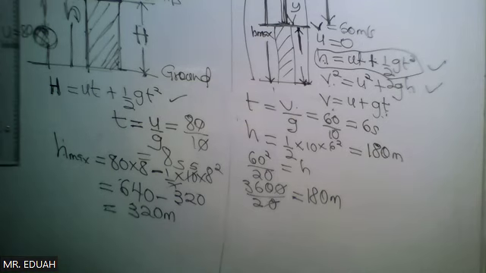Come again. 960 minus 180. 560. 960, why 960? Because that was the height for the first upward motion.